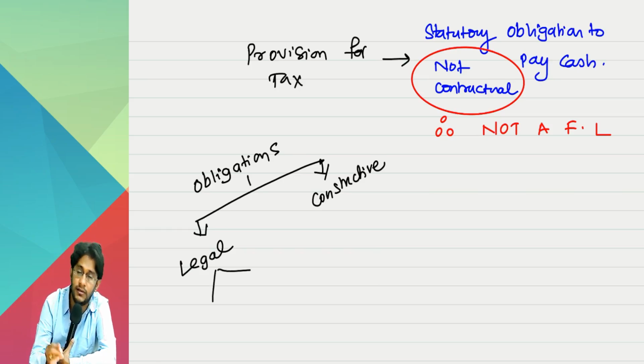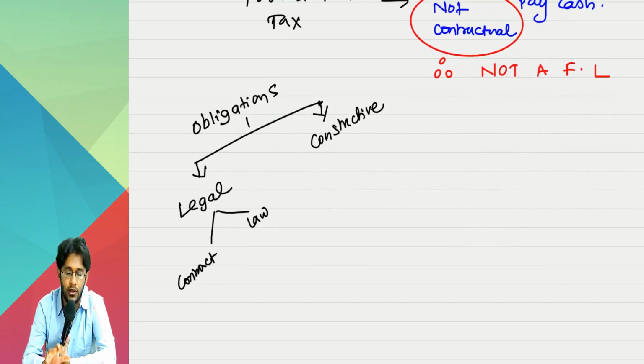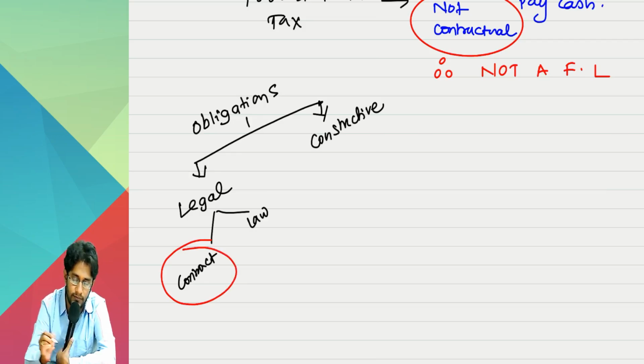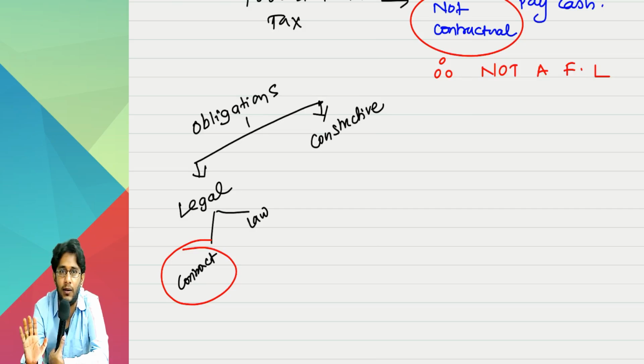Legal obligations are created either because of a contract or because of operation of law. That was the general discussion on obligations while doing Ind AS 37. Ind AS 109 talks not about all obligations, only contractual obligations. Legal obligation also is a liability, constructive obligation also is a liability, but they are covered elsewhere, not under this standard.